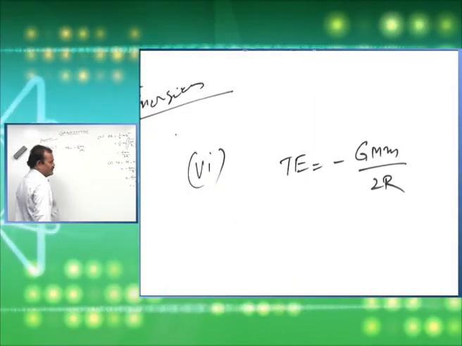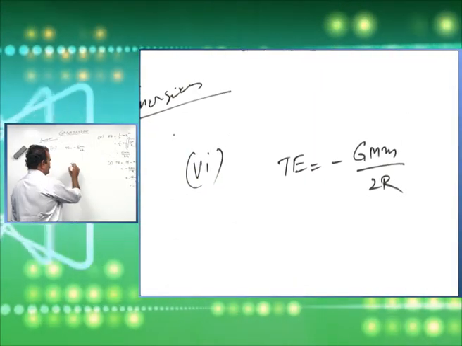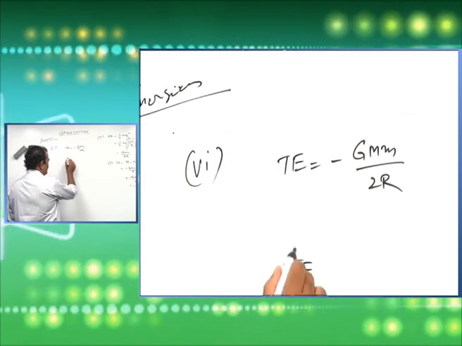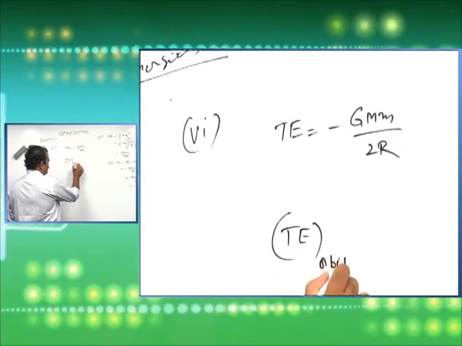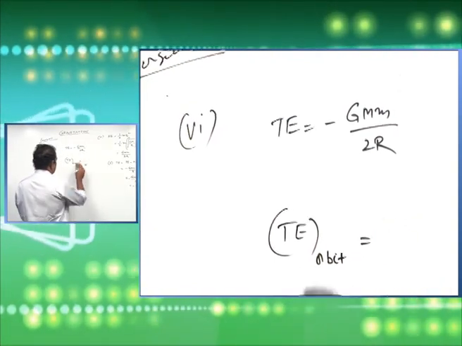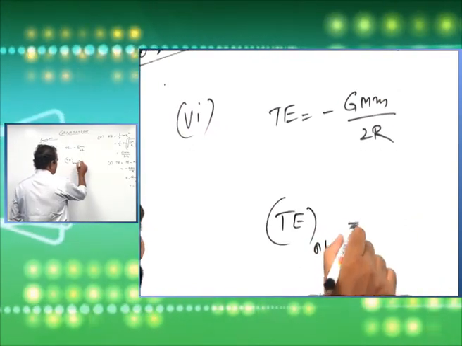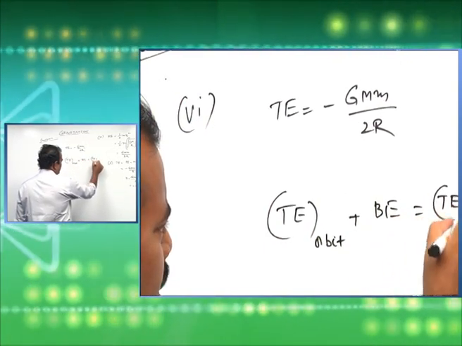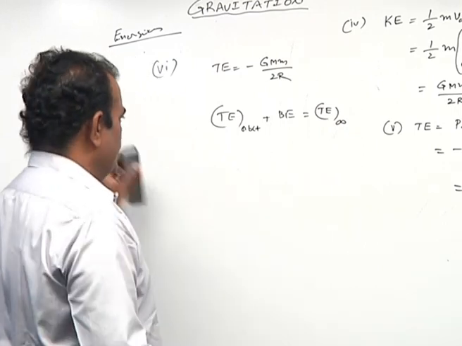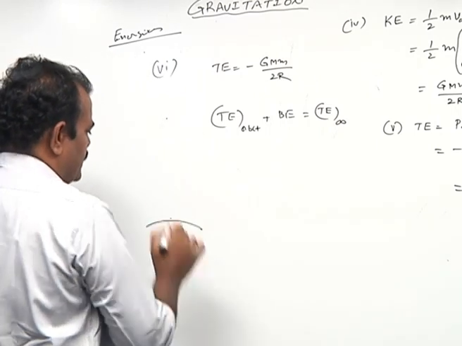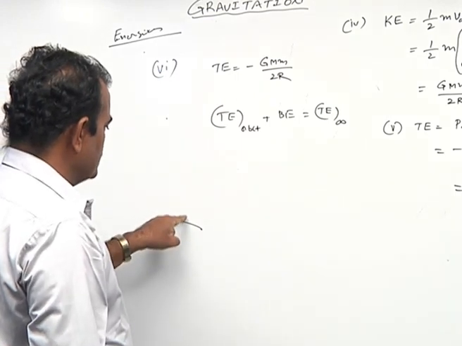According to the principle of conservation of energy, we have to take the TE in orbit and the TE at infinity. TE in orbit plus binding energy is equal to TE at infinity. Just like on the surface of Earth and at infinity we compared, here it is kinetic energy plus potential energy.